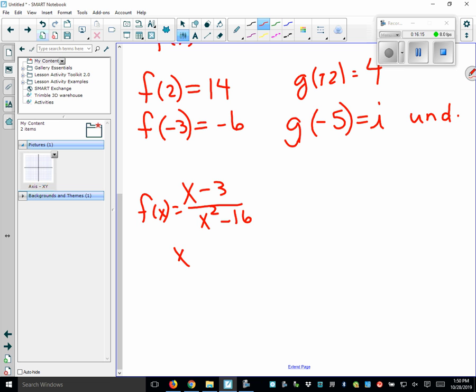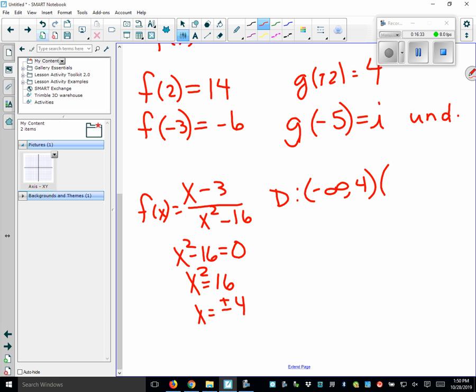Don't I decide what would make the denominator 0? So what would that be? Plus or minus 4. So my domain is negative infinity to negative 4, negative 4 to 4, and 4 to infinity. I didn't push hard enough, so I missed it. Right?